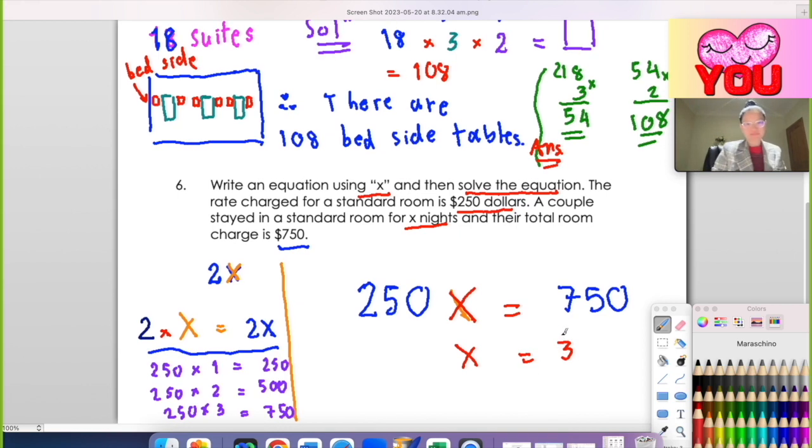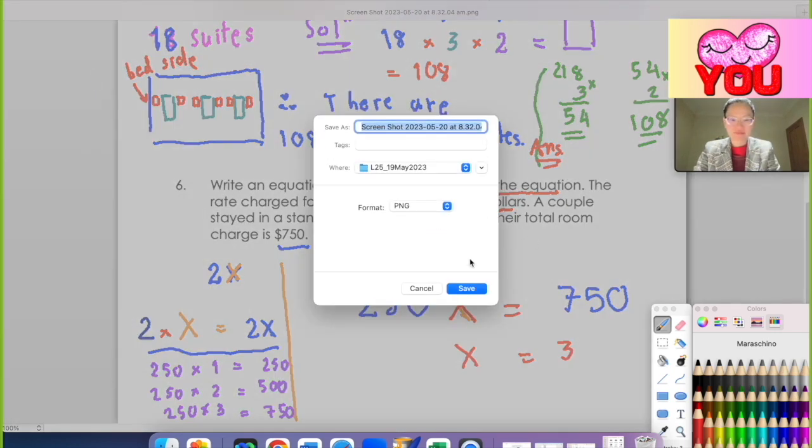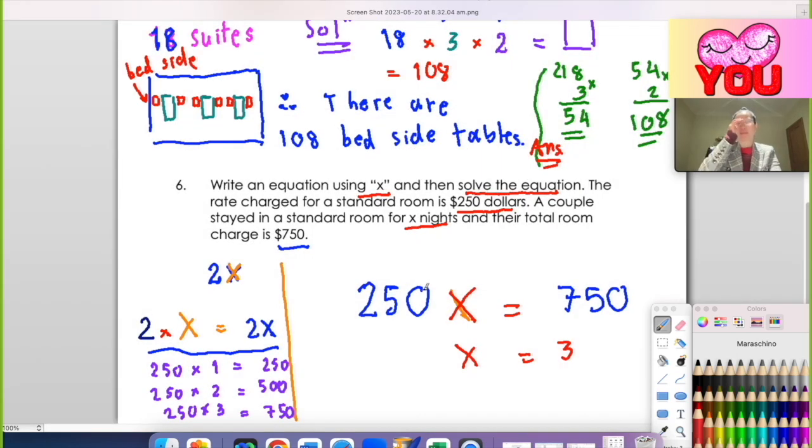But let me save this one. Yeah, this is how you solve it. But from this one, I would like to teach you how you can solve equations.